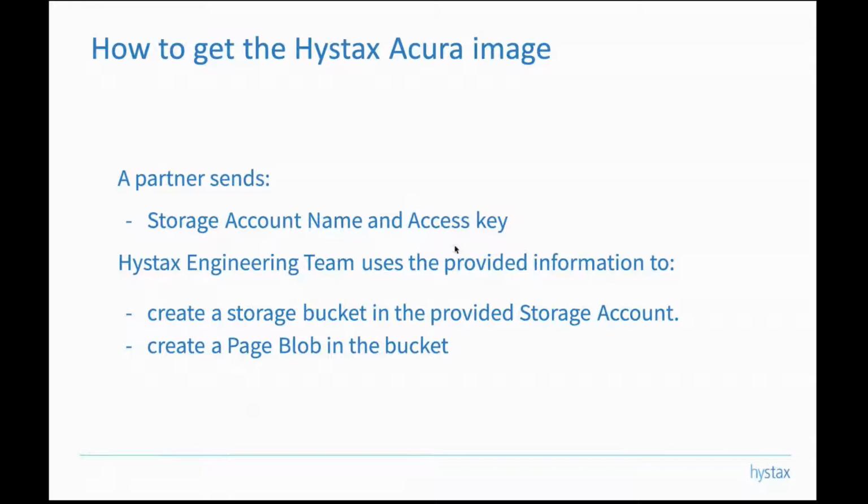Once we get this information, we share the Acura image. During this procedure, we create a storage bucket in the provided storage account, and we create a page blob in the bucket. Directly from this page blob, you later create an Acura instance.